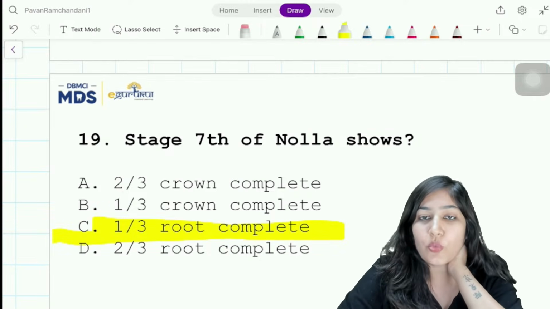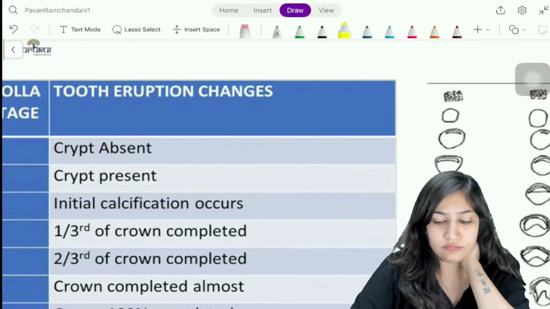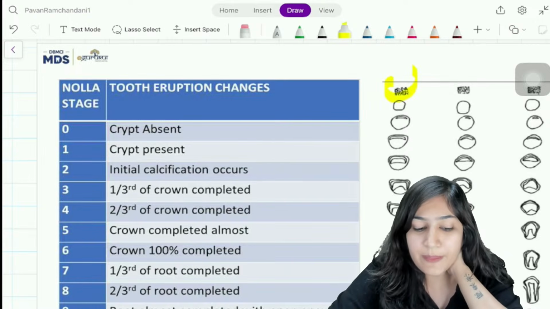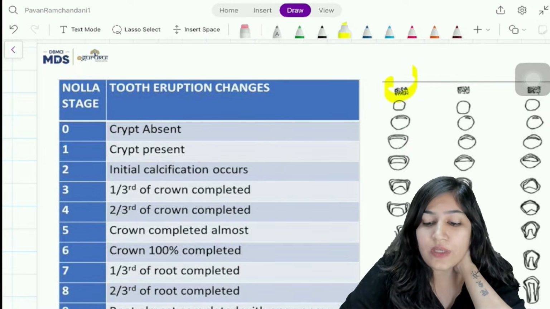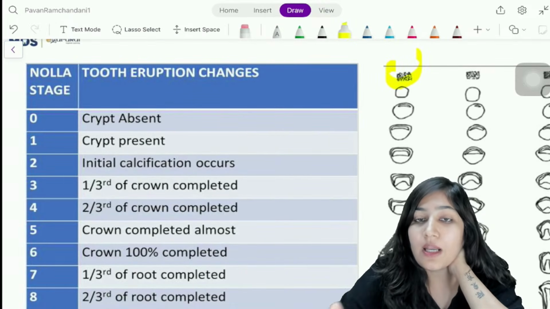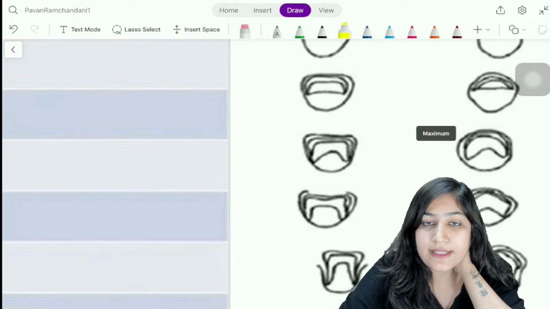This stage is also very important. Initially, you can see absence of crypt, then crypt will be present. Initial calcification will start. 1/3 of the crown will be completed. 2/3 of the crown will be completed. Crown will be almost completed. 100% of the crown will be seen.